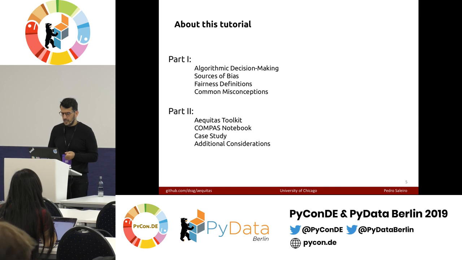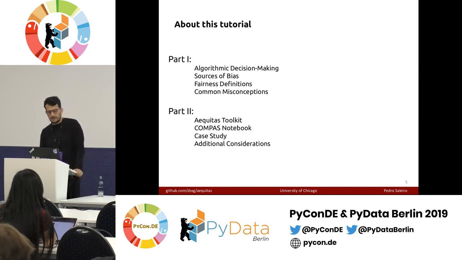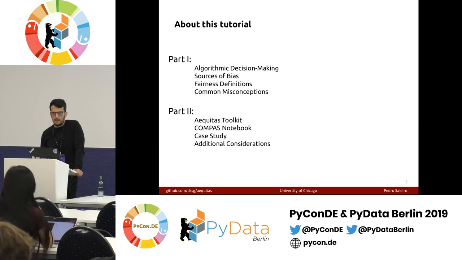So as I said before, in the first part we are discussing algorithmic decision making, sources of bias, the fairness definitions, common misconceptions in this area. In part 2 of the tutorial, we'll deep dive a little bit into the toolkit and actual results and some additional considerations.